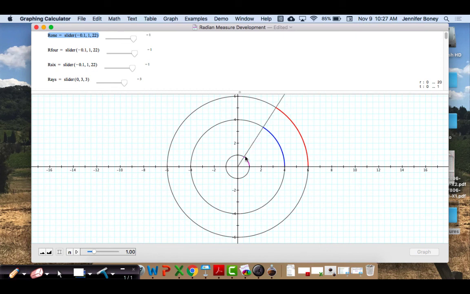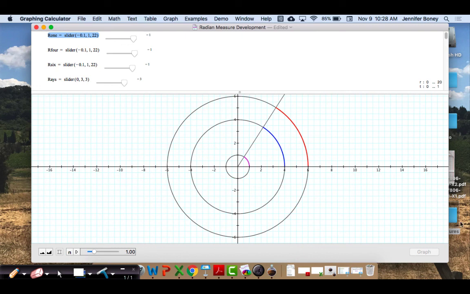So at one radius length around a circle of whatever size, we're at the same proportional piece of the circle we've passed through, if you want to think about an angle growing from 0 to 1 radian in size.